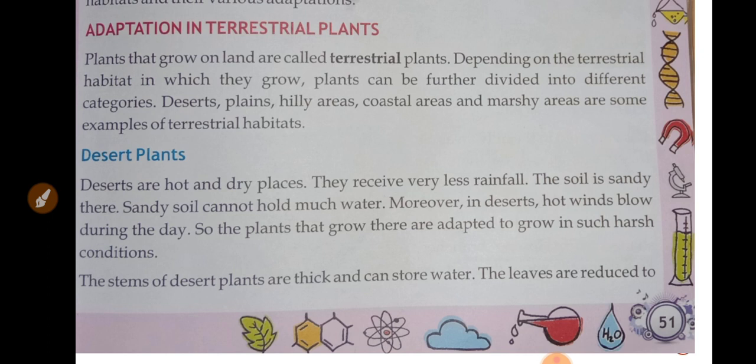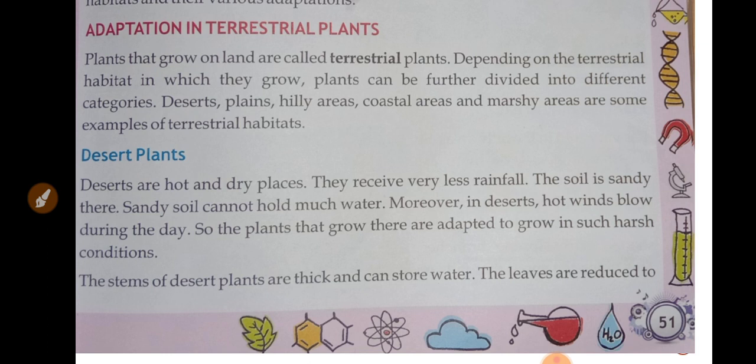Now, if we see the adaptation in the plants, first we should know that there are two different kinds of plants present in the environment. One is the terrestrial plants and second is the aquatic plants.